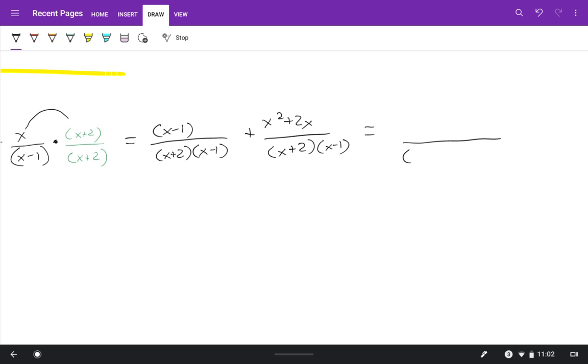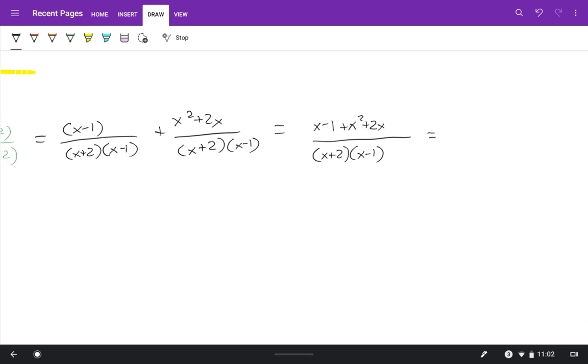So copy the denominator, just x plus 2 times x minus 1, and add the numerators together. So we have x minus 1 plus x squared plus 2x, and that will give us x squared plus 3x minus 1 over x plus 2, x minus 1.